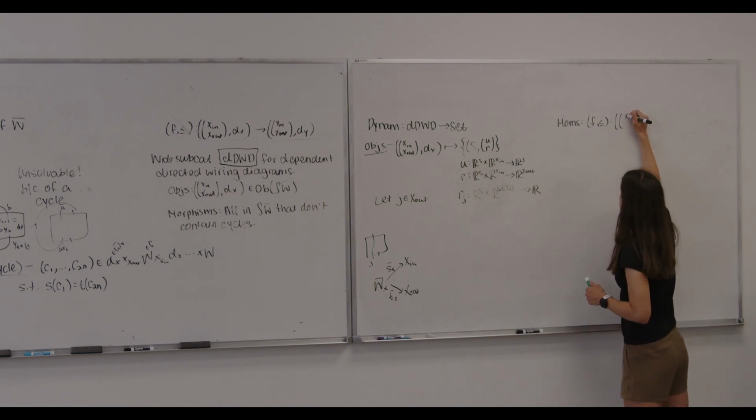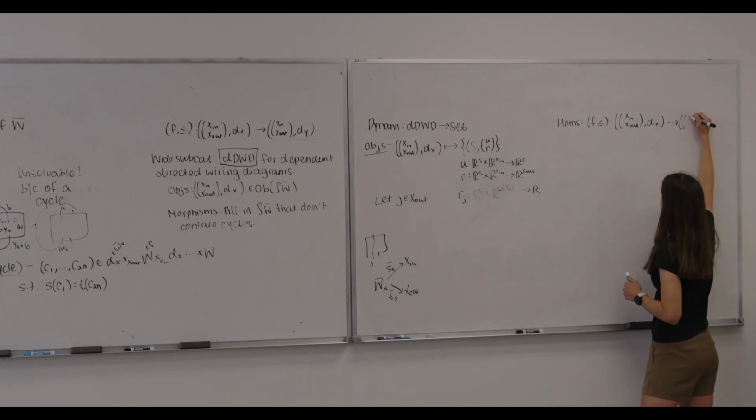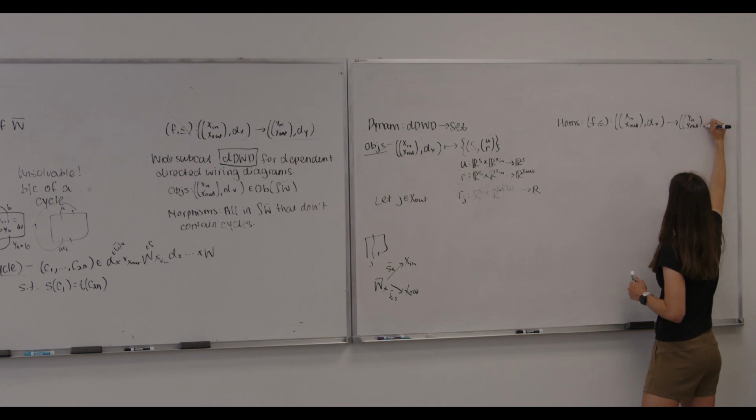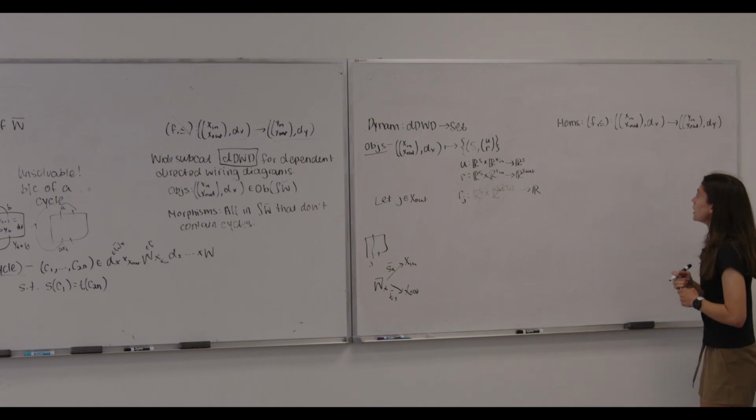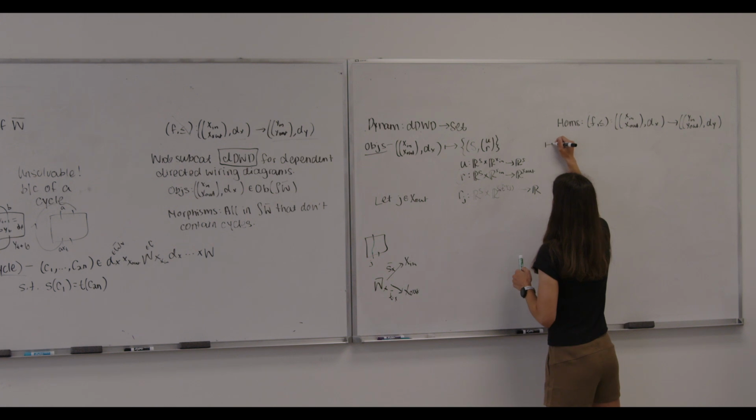So let's say we have a morphism in DWD. And so now, when we map that via Dynam, we're going to have some set function.